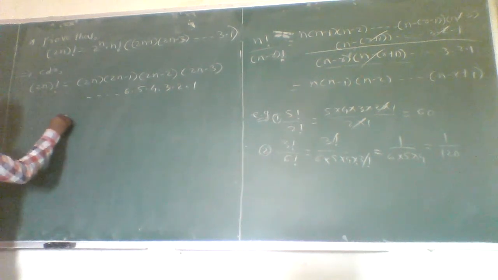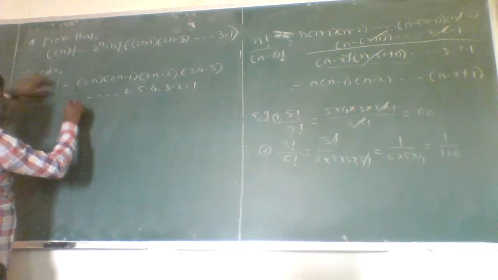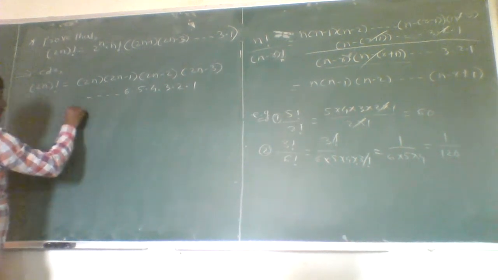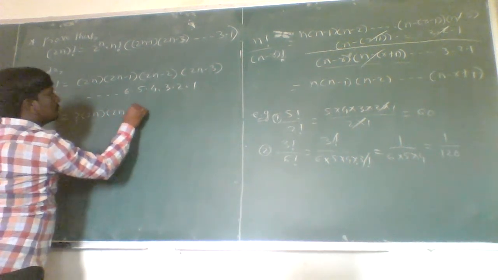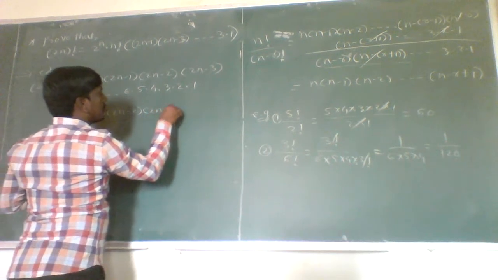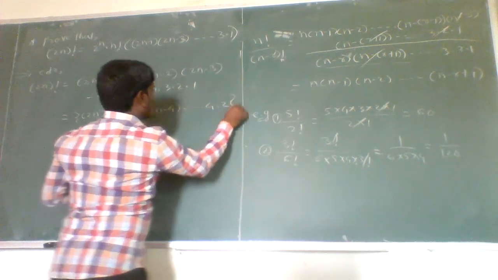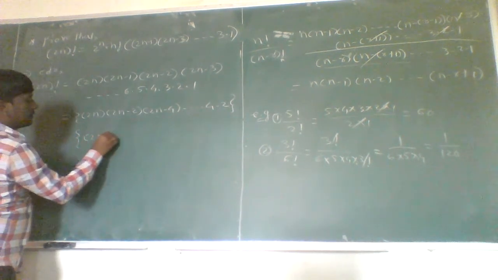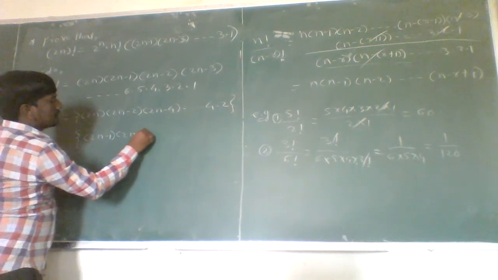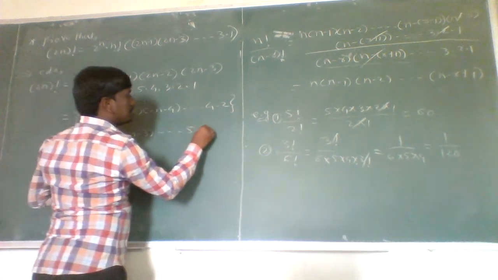Now collect all the even terms in one bracket and all the odd terms in another bracket. So here we get 2n, 2n minus 2, 2n minus 4 and up to so on 4 into 2. And in the second bracket 2n minus 1, 2n minus 3 and up to so on 5, 3, 1.